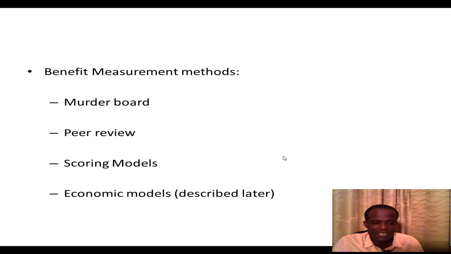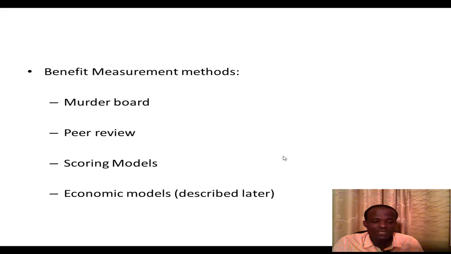The peer review looks at several projects and their peer review. That means we look at projects with similar characteristics, and these characteristics should be based on whatever is expected of these projects by the organization, and then the projects are selected based on some specification requirements that are there for the organization.